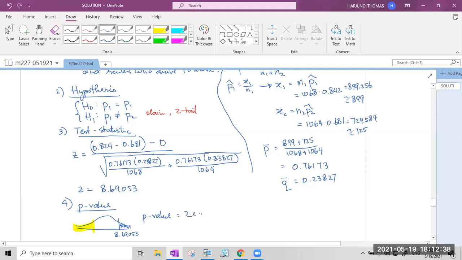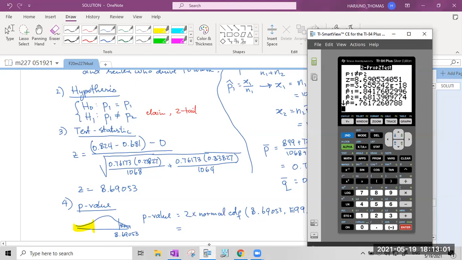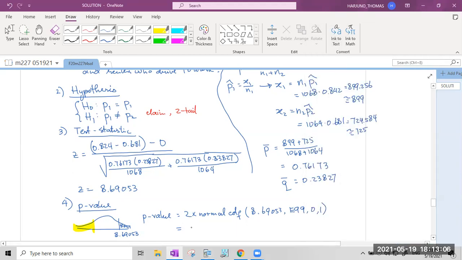That's 2 times normal CDF of 8.69053 to E99. That will give us 3.655 times 10 to the negative 18, that's practically 0.